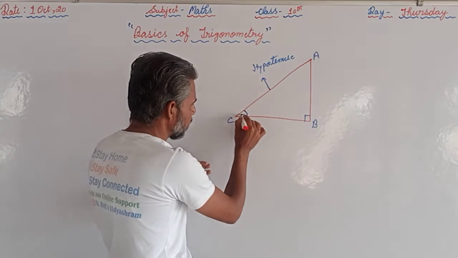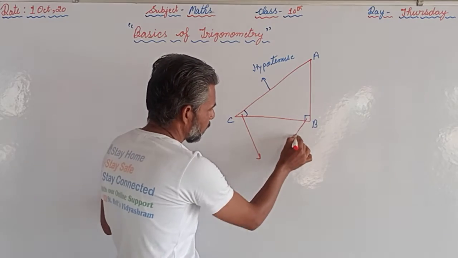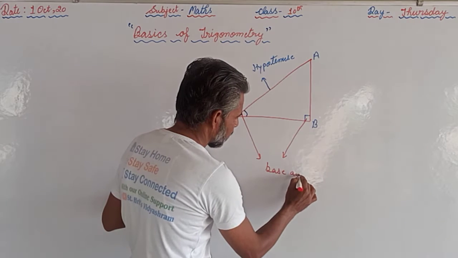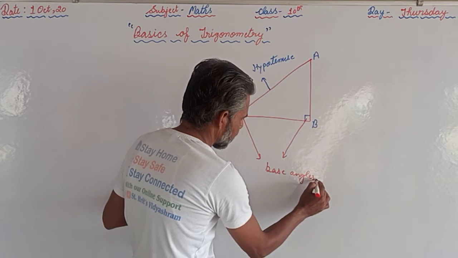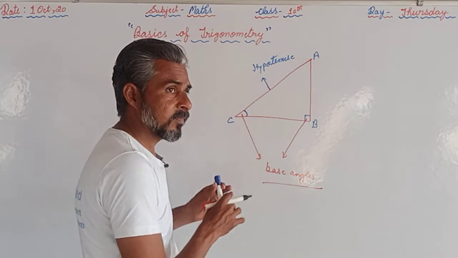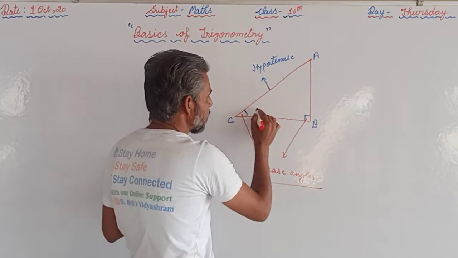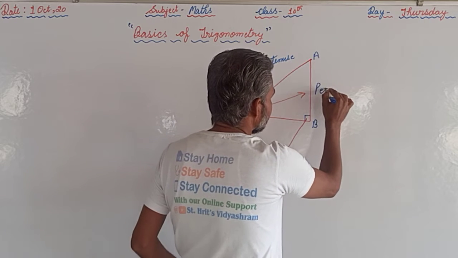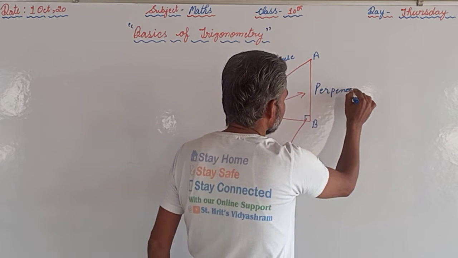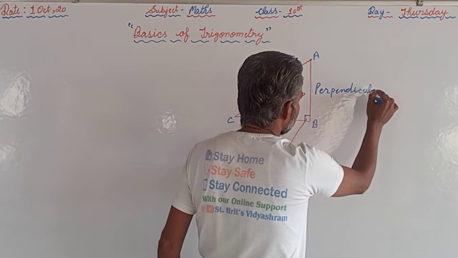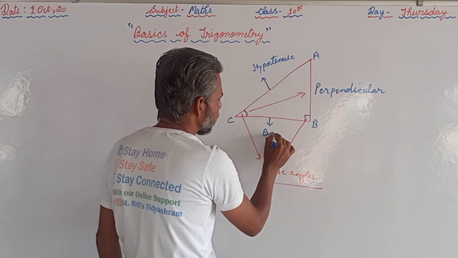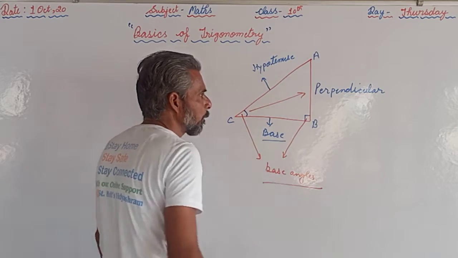These are the base angles. And the side opposite to the base angle will always be the perpendicular, and the remaining side will be the base.